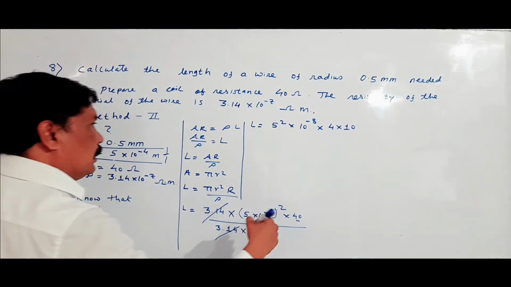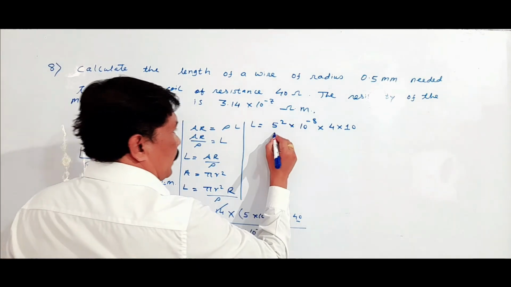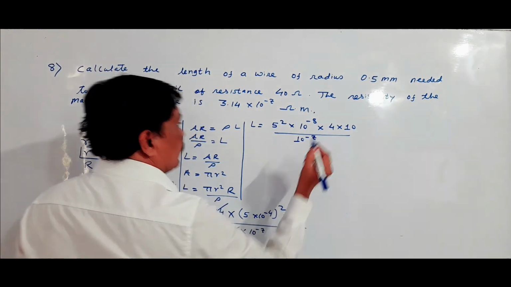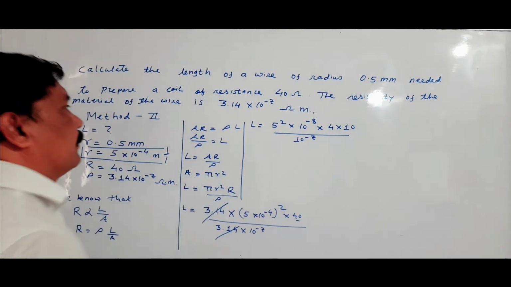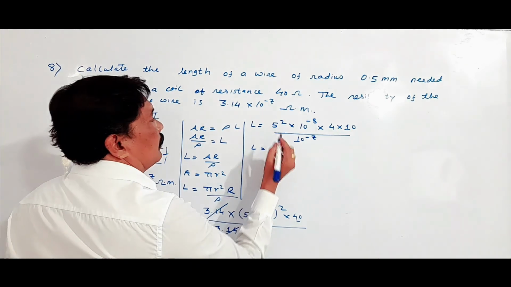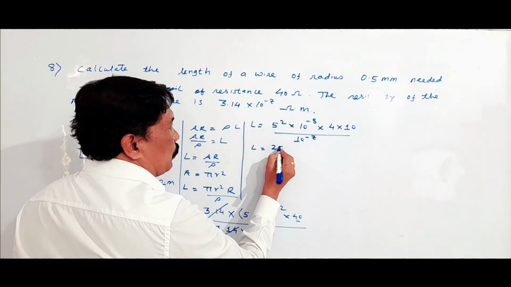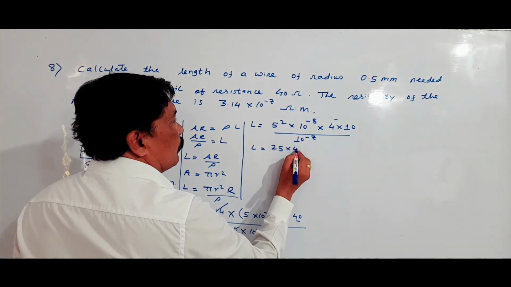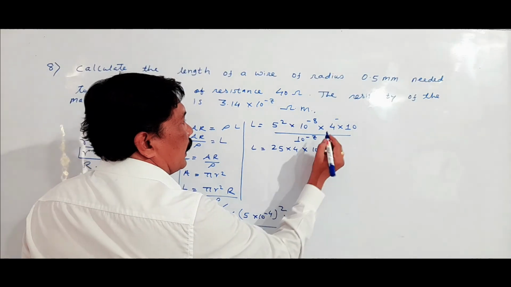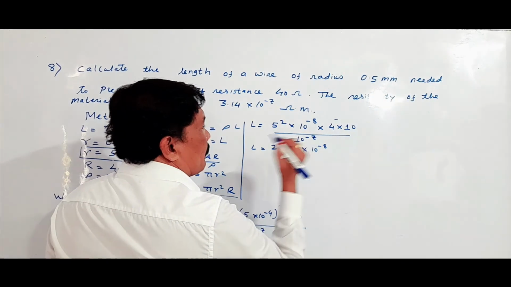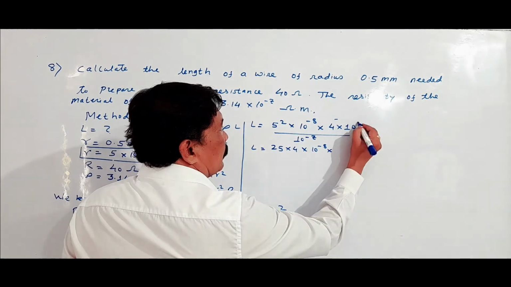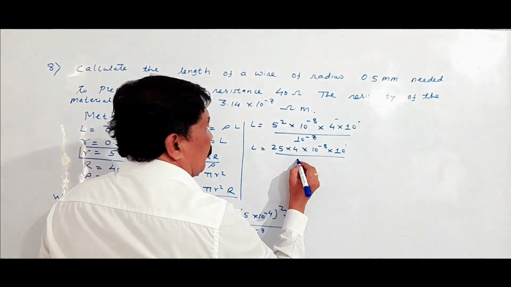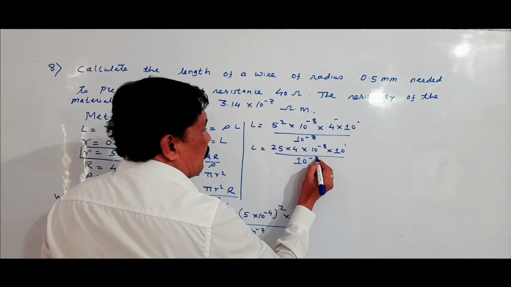We have written 40 as 4 into 10, and in the denominator we have 10 to the power minus 7. L is equal to 5 5 is 25, 25 into 4 into 10 to the power minus 8 into 10 to the power 1 upon 10 to the power minus 7.